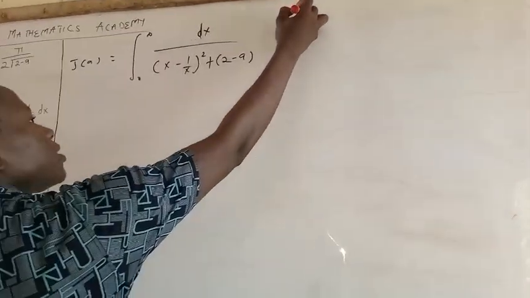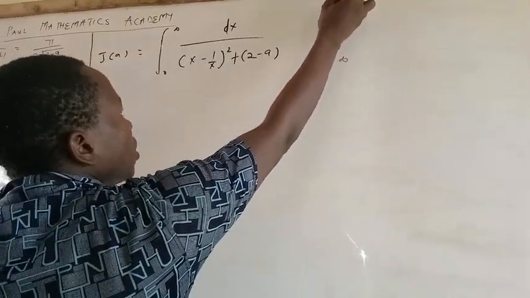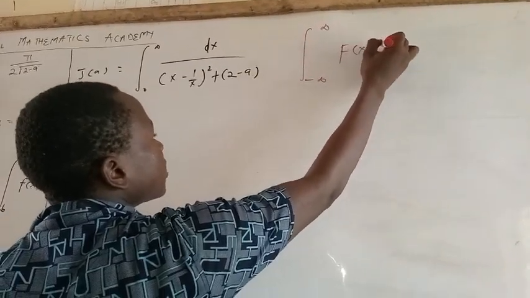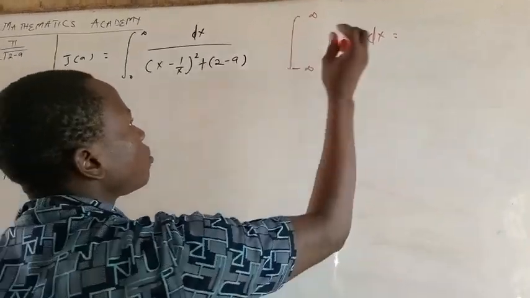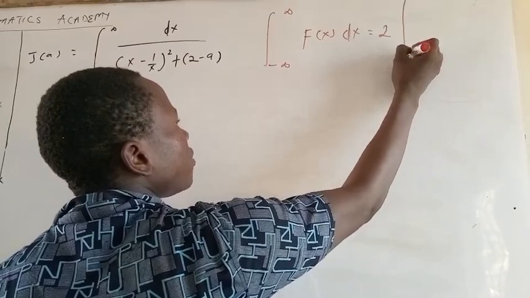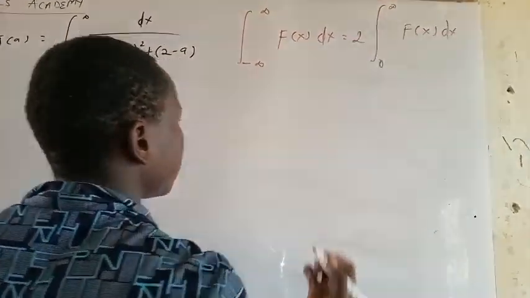Don't forget that the integral running from negative infinity to positive infinity of f of x dx will give you 2 multiplied by the integral running from 0 to infinity of f of x dx.